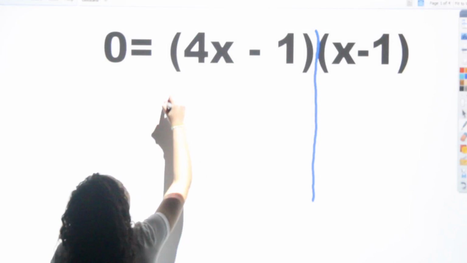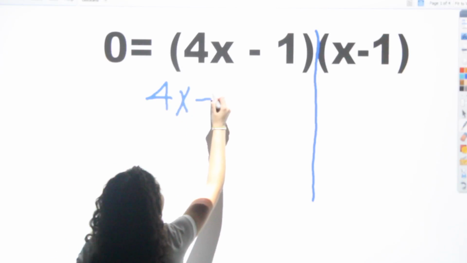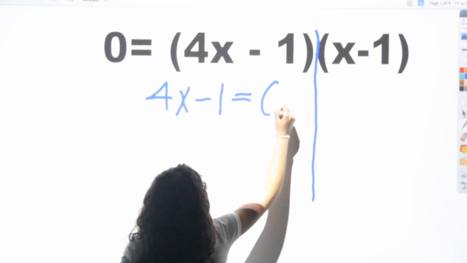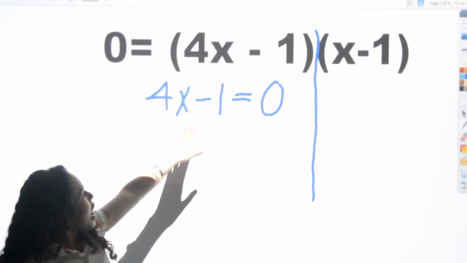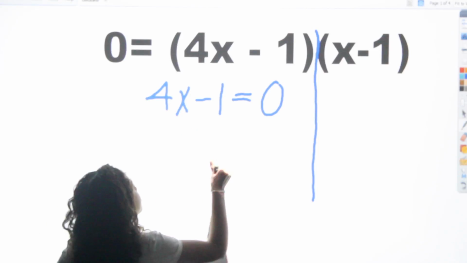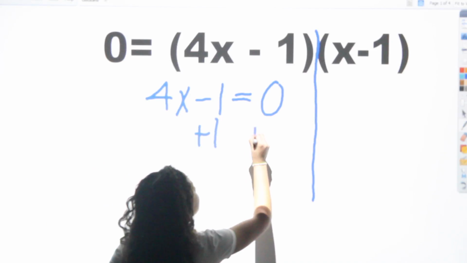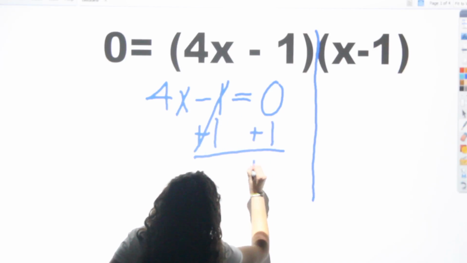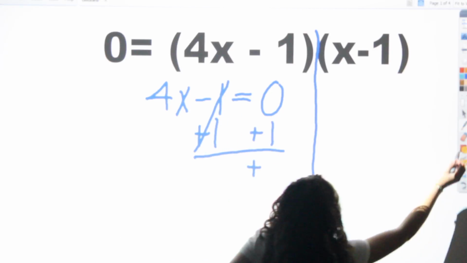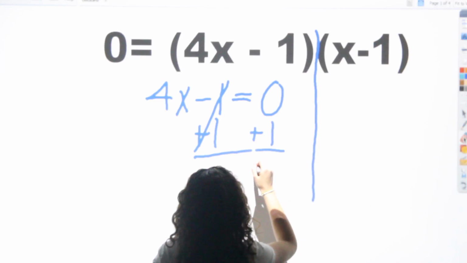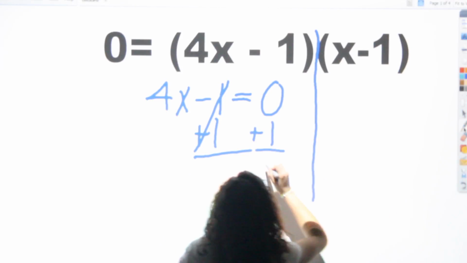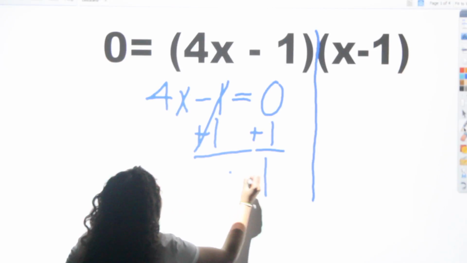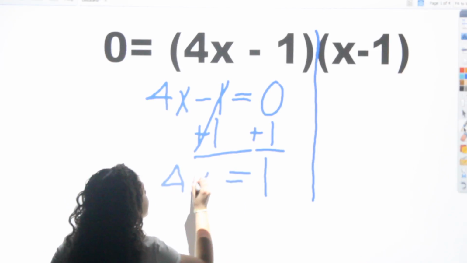Okay, so 4x minus 1 equals 0. We're going to add 1 on both sides. 1 is equal to 4x.